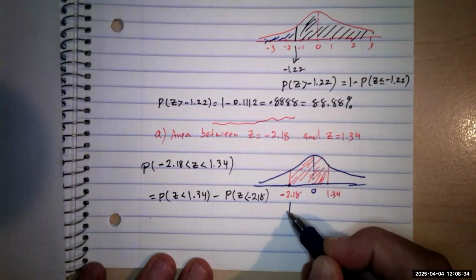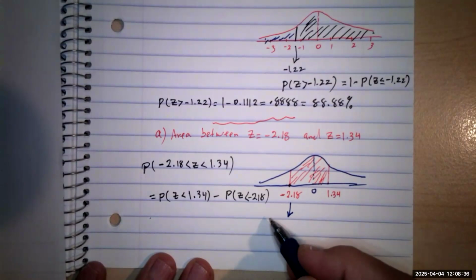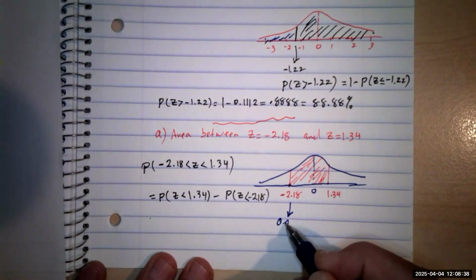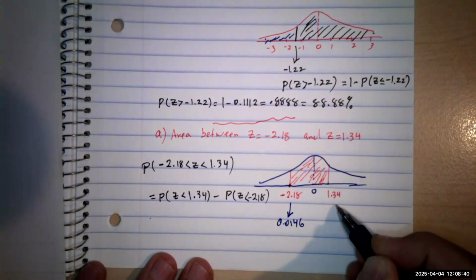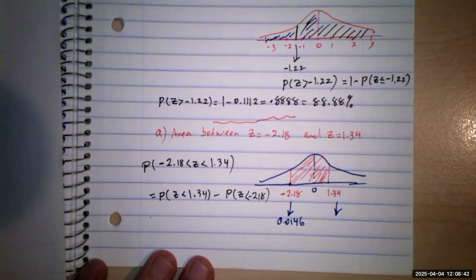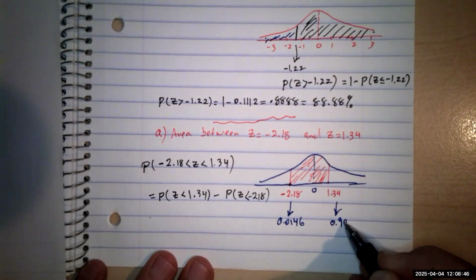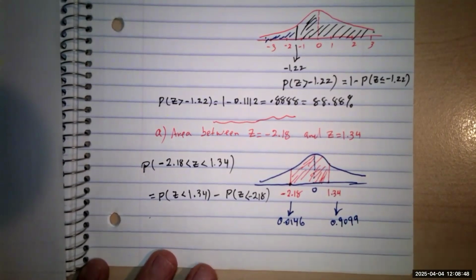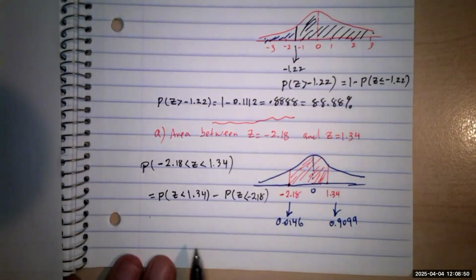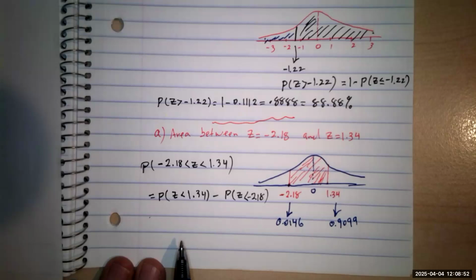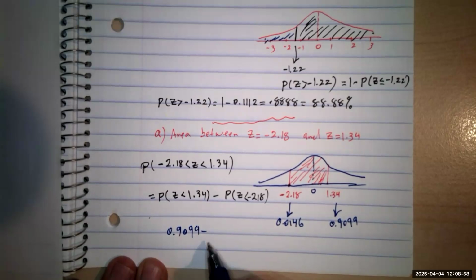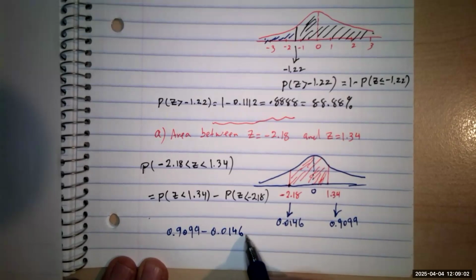The number for the negative part is 0.0146, and the number for the positive part is 0.9099. Then you have to subtract. So the final answer is 0.9099 minus 0.0146.